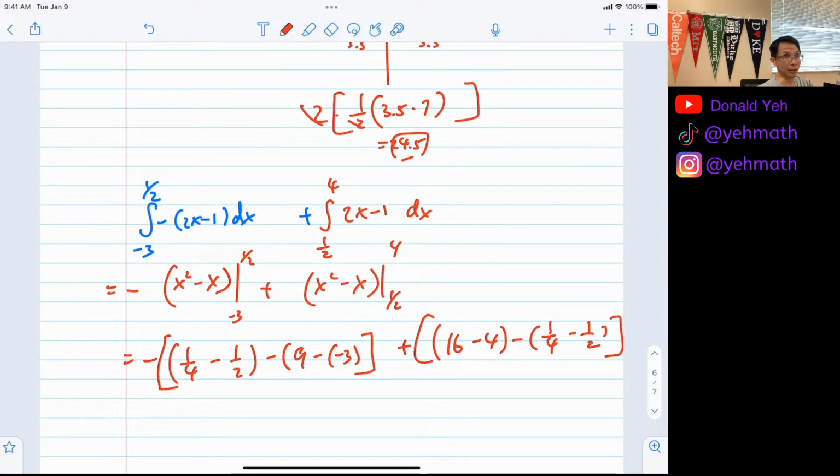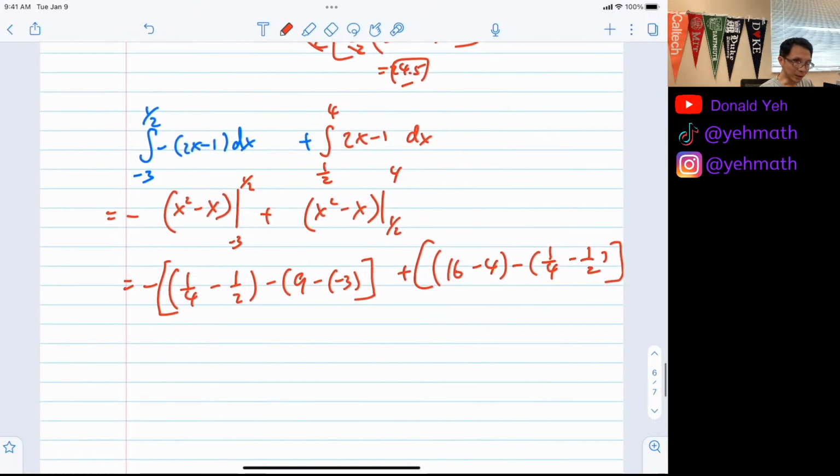Look at how much work this is. You're going to be there all day, and more likely you're not going to get it right because it's just that much work. So this one's going to be negative 1/4. This one's going to be minus 9 plus 3, so it's negative 12.